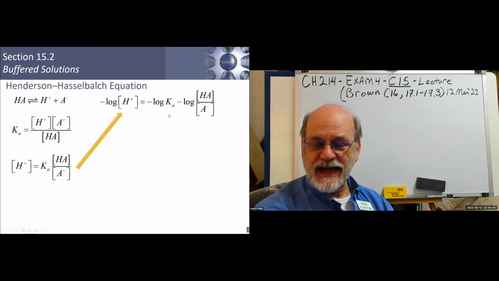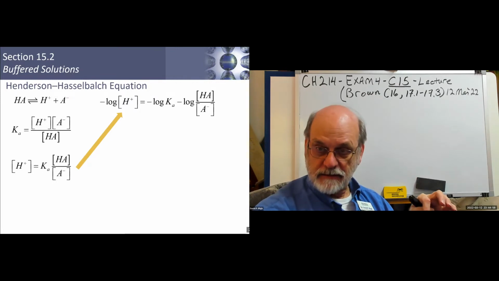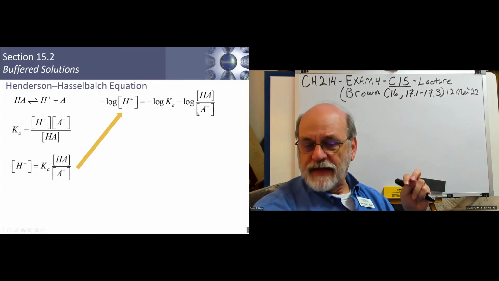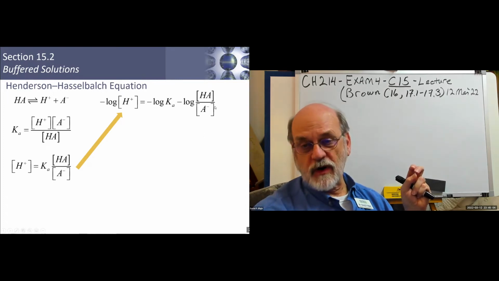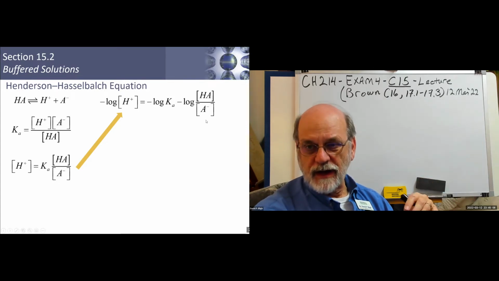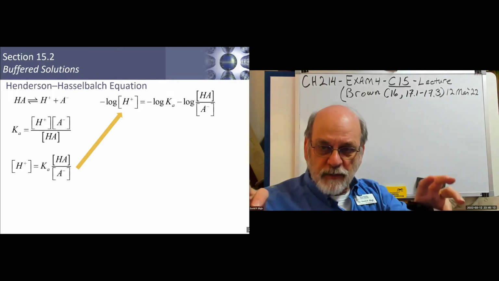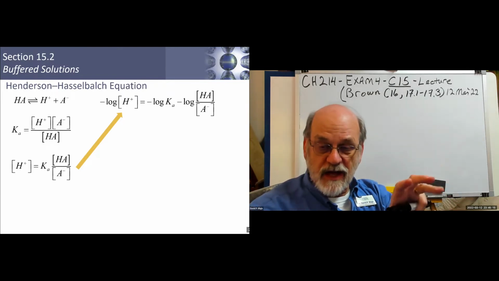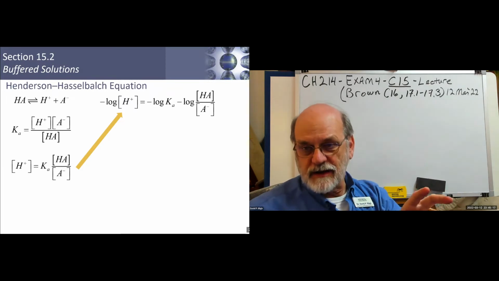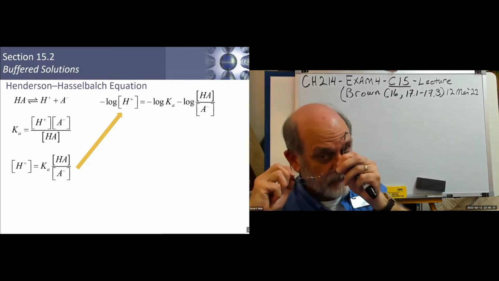The negative log of the Ka is the pKa. Then we leave the last part alone because it's a quotient of two unknowns. It would generate two separate p values, pHA and pA minus, and that wouldn't mean anything.